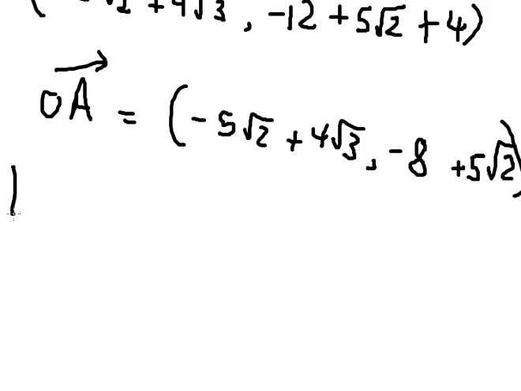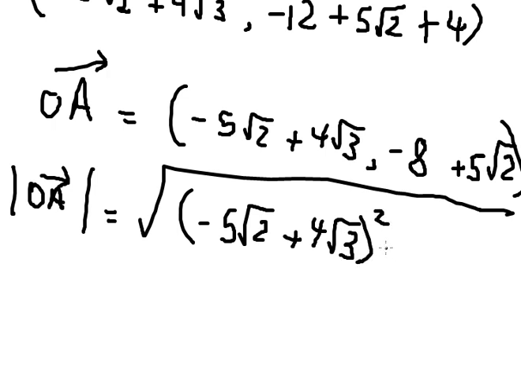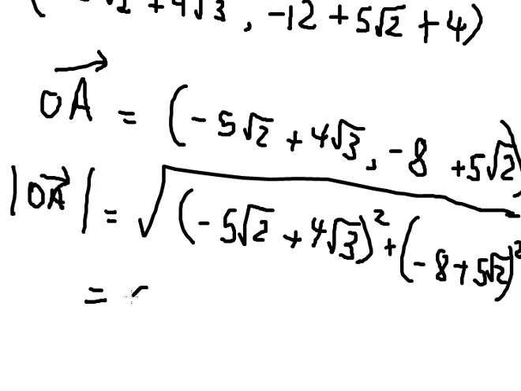And now we can find the magnitude of the vector. So we calculate this one and we have 0.9399 miles.